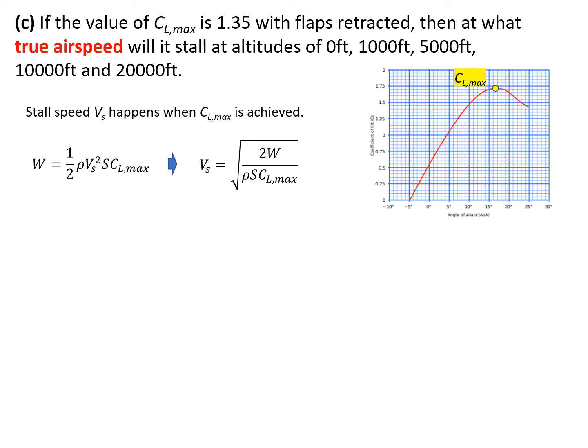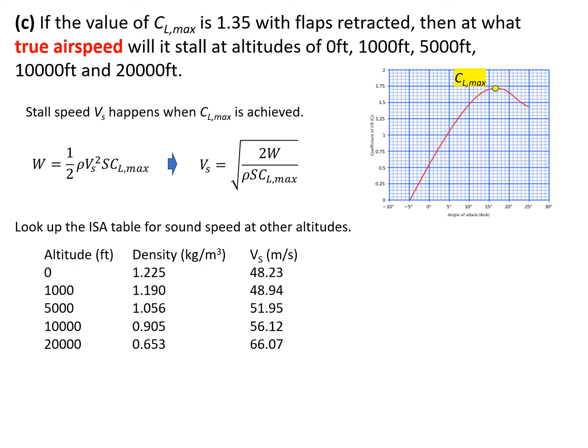We know W, we know CL max, and at different altitudes we know the density, and of course we know the wing area S. Since we've already looked up the table and got the density at these 5 altitudes, we can easily get the stall speed. And the stall speed, the true airspeed at stall, increases with increasing altitude.